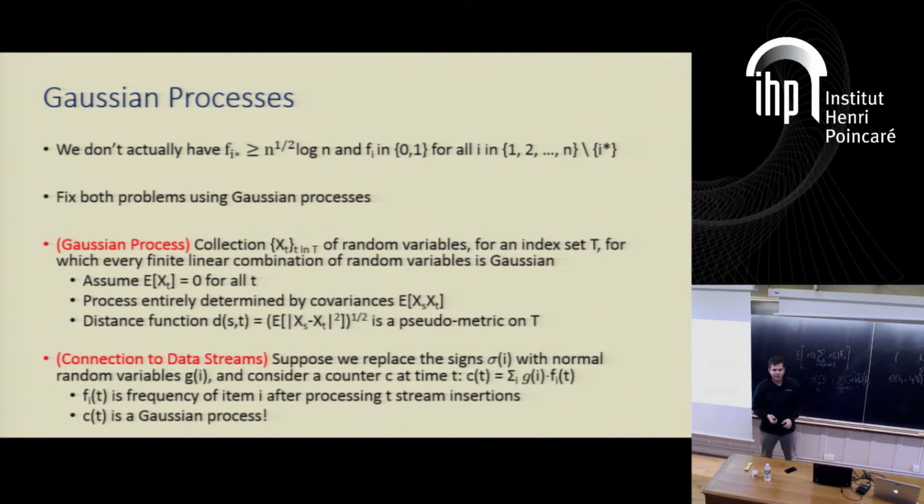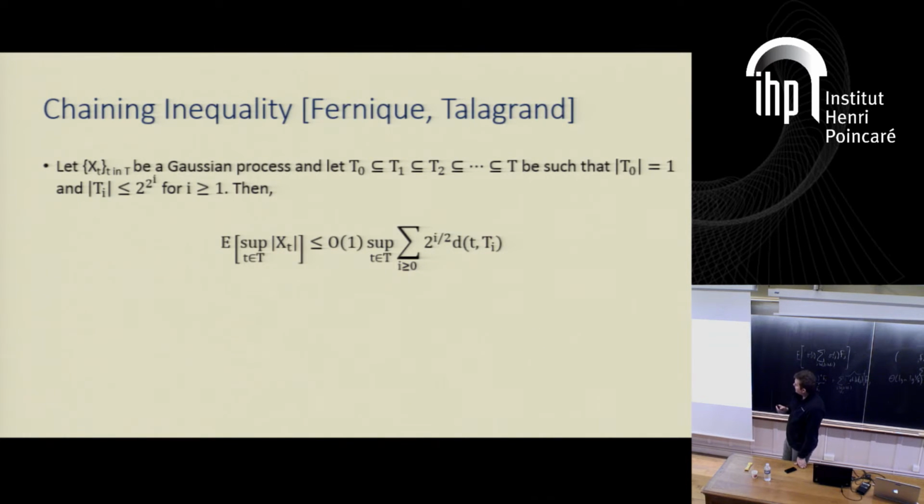So why are we doing all of this? We're going to use a powerful theorem for Gaussian processes called the chaining inequality, which says the following. Let x_t, this collection, be a Gaussian process. Now we can define a nested sequence of subsets of these indices however we like, subject to the following conditions.